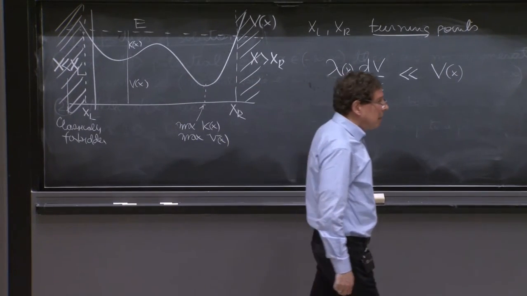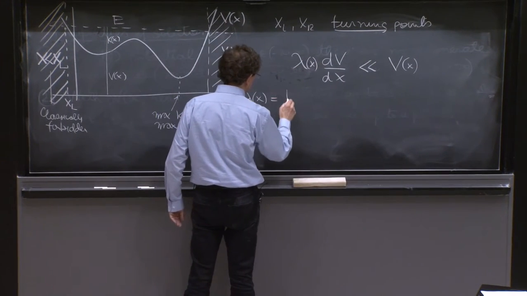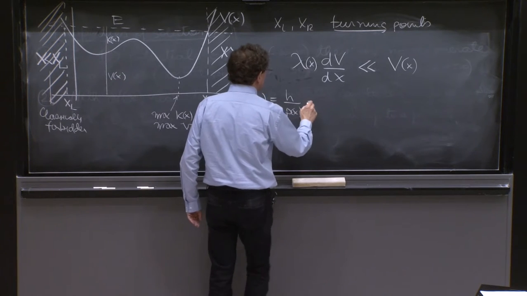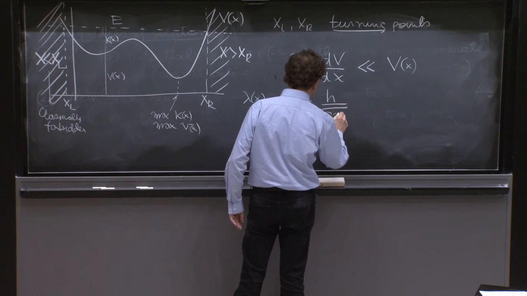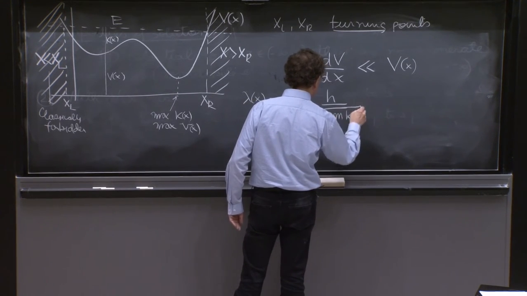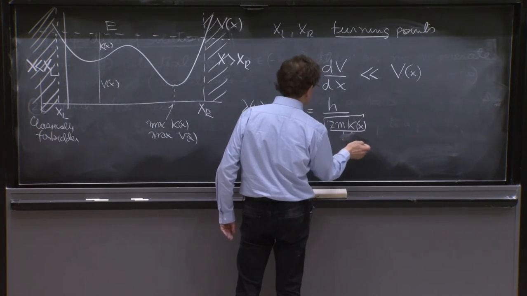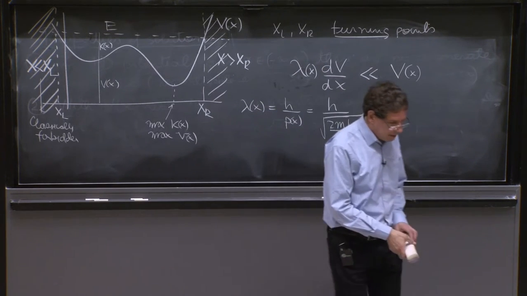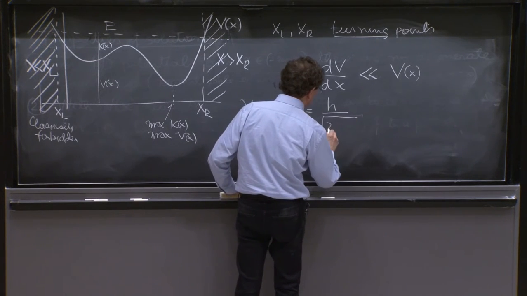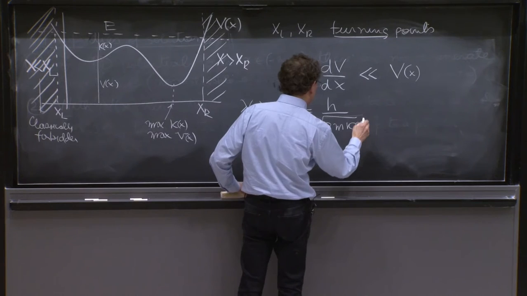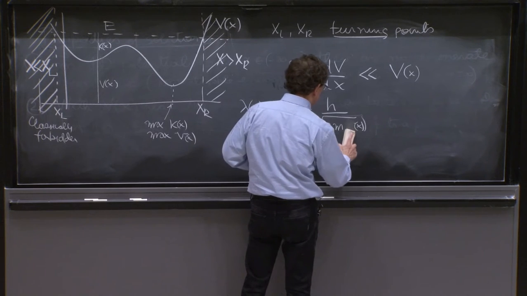And this lambda is the lambda that would come as h over p of x, and h over p of x is h over the square root of 2m times the kinetic energy, square root of 2m K of x.